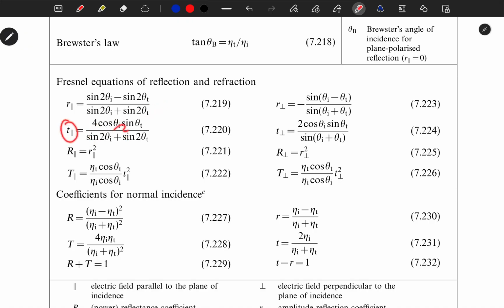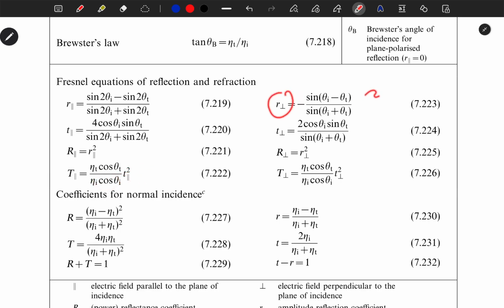t parallel will have 2 cos theta I sin theta t, 2 sin 2 theta I sin 2 theta t. R parallel equal to small r parallel square, T parallel equal to eta t cos theta t by eta I cos theta I, t parallel square.